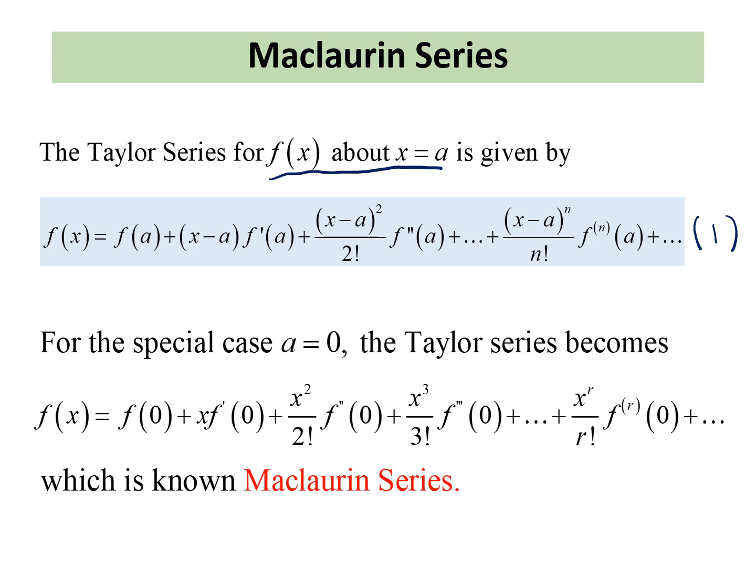For a special case where a is equal to 0, when we substitute a equals 0 into this expression, the Taylor series becomes, in terms of equation 2, f(x) equals f(0) plus x times the first derivative of f at 0, plus x squared over 2 factorial times the second derivative of the function at 0, and so on. So this series is called the Maclaurin series.